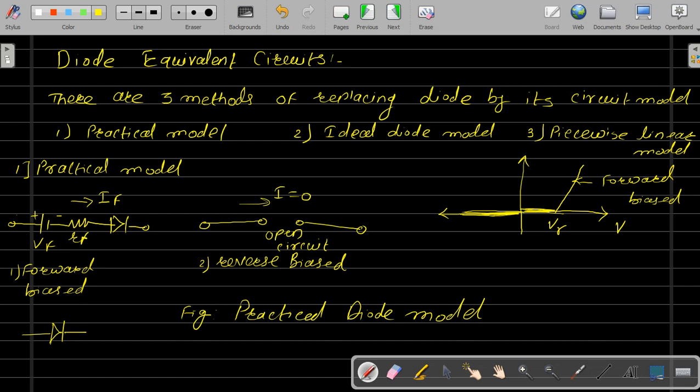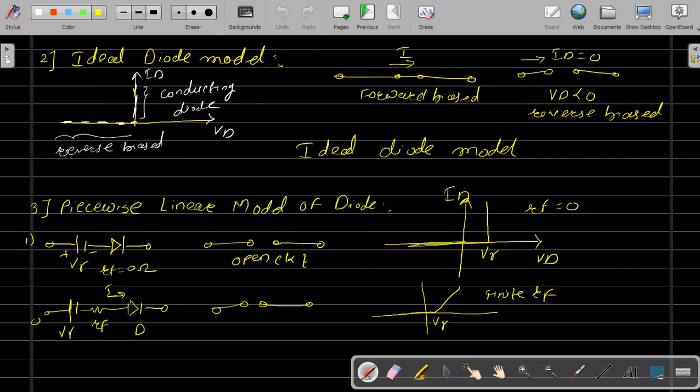Next model is the ideal diode model. The name itself indicates ideal, meaning theoretically things are ideal in the sense that when we apply some voltage, no voltage drop occurs across the device, and the maximum current flows through it.